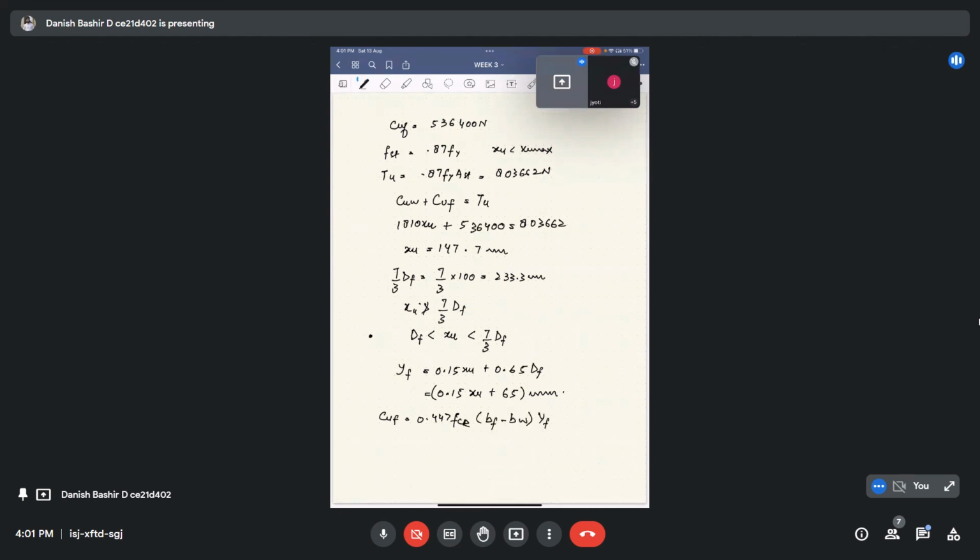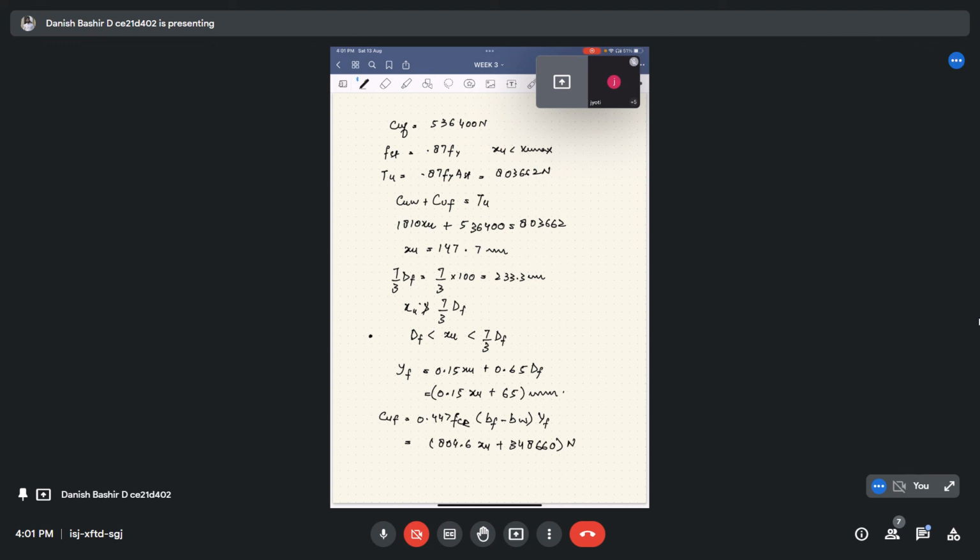We don't have to use DF here now. Because YF is in terms of XU, CUF will come in terms of XU now. This will be 804.6 XU plus 348,660. This will also be in the units of Newton.